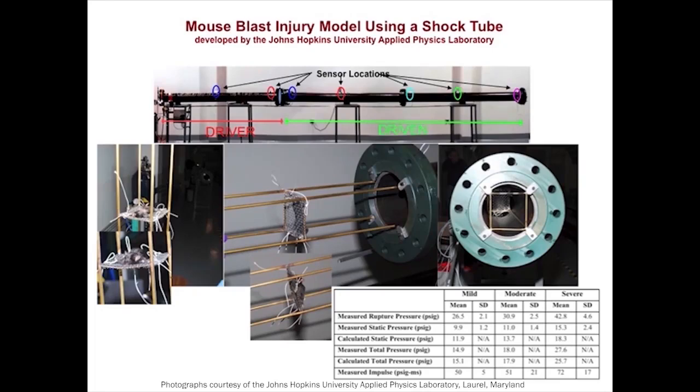The diaphragm rupture pressure levels can be varied by selecting various combinations of Kapton and polyethylene sheets. Upon diaphragm rupture, a shock wave propagated down the length of the shock tube. Side-mounted pressure sensors, used to record the static pressure and wave propagation, were installed at 5 locations along the shock tube inner wall.